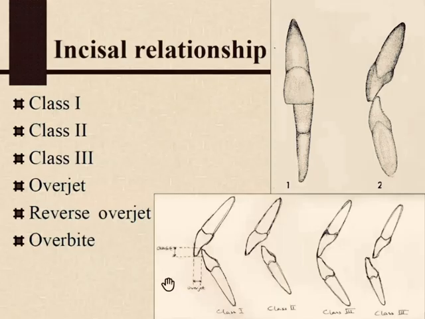This is the incisor relationship. We have what we call a normal incisor relationship, with an overbite and overjet. We have class 1, class 2, class 3. We'll talk about the overjet and the overbite, and a term called reverse overjet, because it is opposite to the normal overjet.